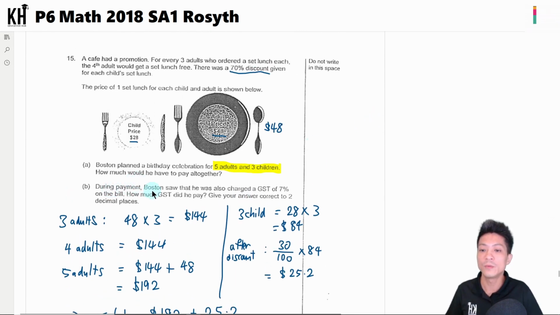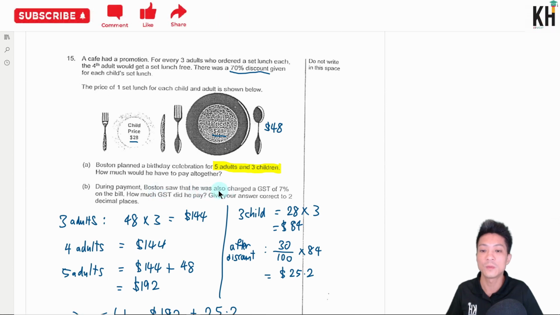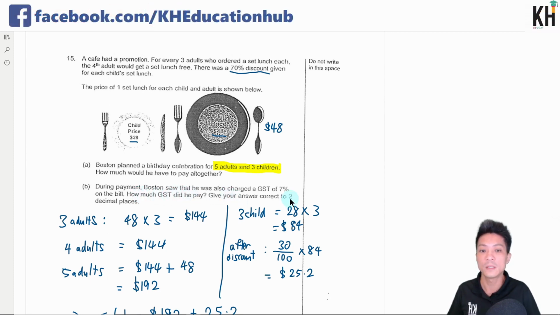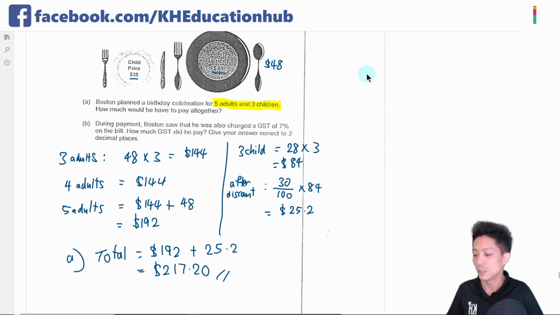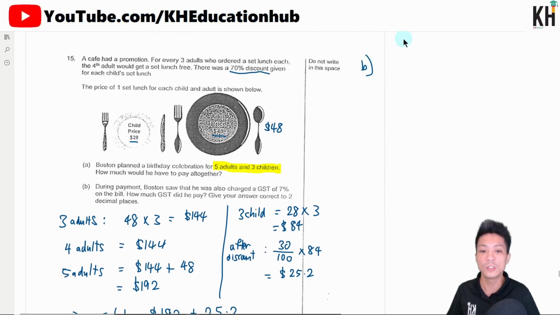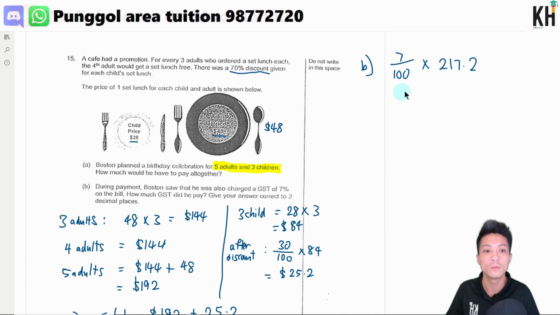Okay, for part B, during payment, Boston saw that he was also charged a GST of 7% on the bill. So how much GST did he pay? Give your answer corrected to 2 decimal places. So now that we have the total that he needs to pay, which is 217.2, to find the GST is gonna be quite straightforward. I just need to find what is 7% of the total 217.2.